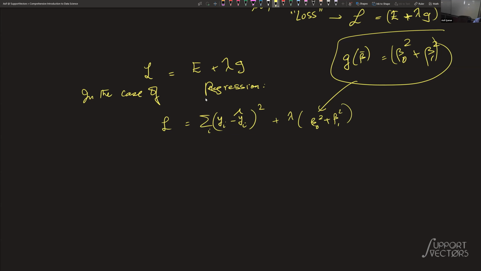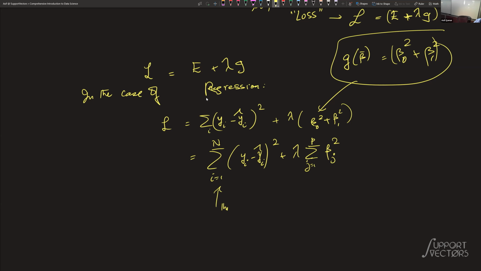People often write this equation as the summation of yi minus yi hat squared plus lambda times the summation of beta j square, where j goes over the parameters, and suppose the model has p parameters. Whereas i goes up to n, the number of data points.